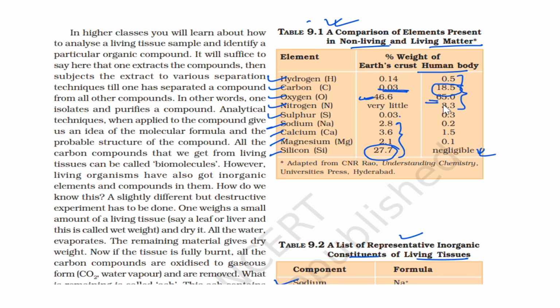So in case of human body it is 65.0%, and in case of earth crust it is 46.6%. And another point is that nitrogen is present in earth crust in very negligible amount, whereas it is present at 3.3% in case of human body. So you can also follow this table.